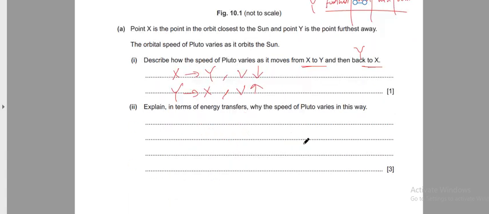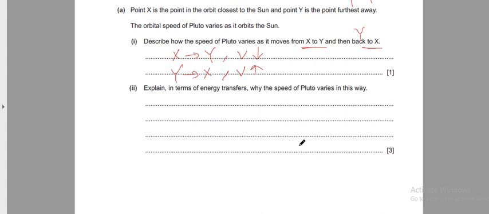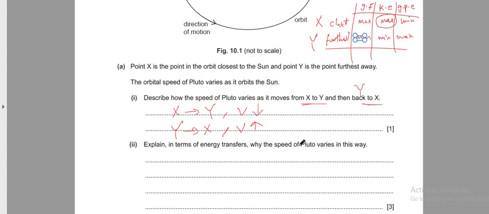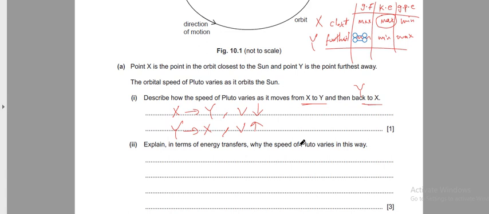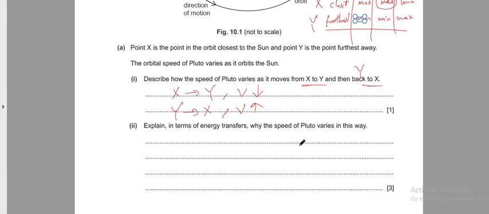In terms of energy transfers, explain why the speed of Pluto varies in this way. We know that the sum of kinetic energy and gravitational potential energy is constant, and at X kinetic energy is maximum and at Y kinetic energy is minimum.